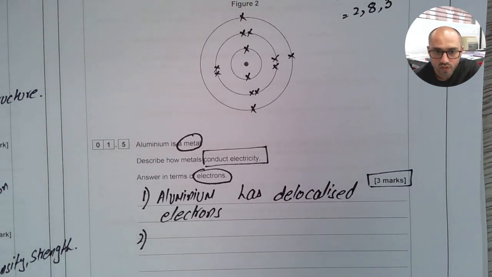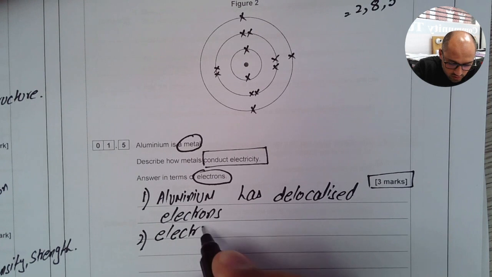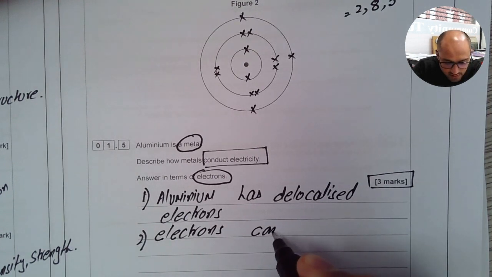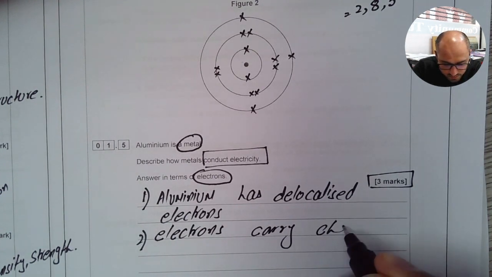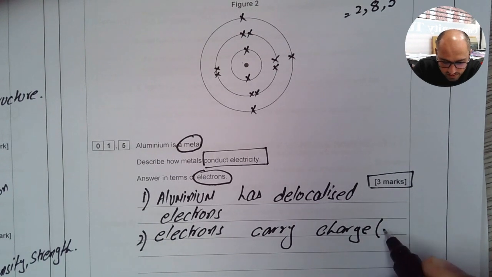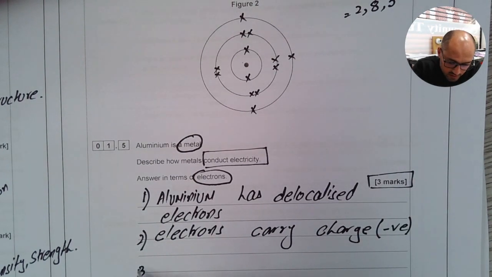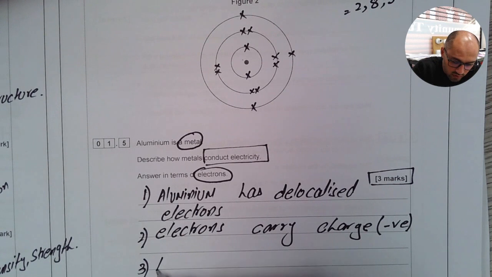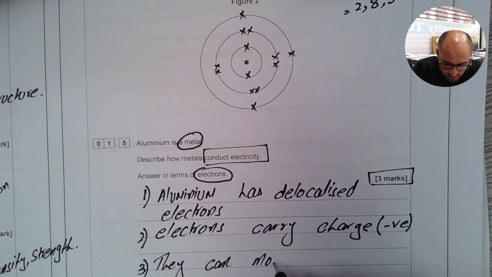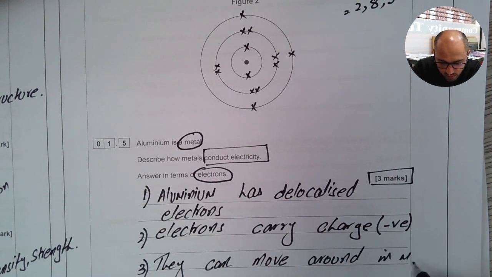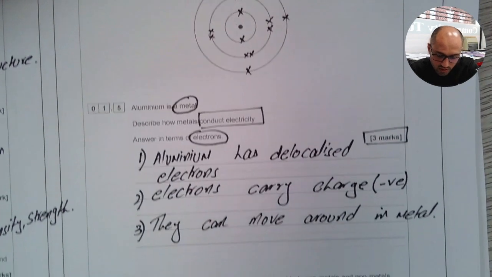Number 2. Next bit, I'm going to say electrons carry charge. In bracket, you can add negative. And the last bit I need to say is they can move around in metal. Therefore, they can carry charge.